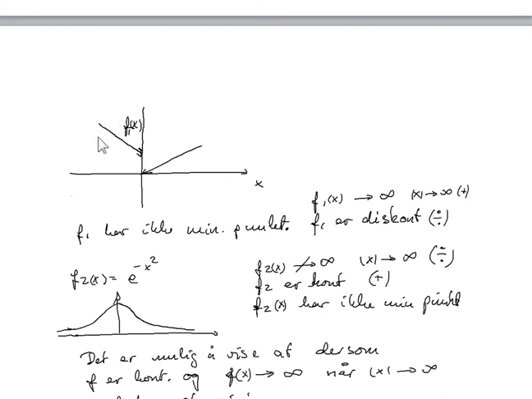So the function f1 of x had the property that it goes to infinity when the absolute value of x goes to infinity, but did not have the property of being continuous. This is the opposite here. The function has continuity but does not have this property.